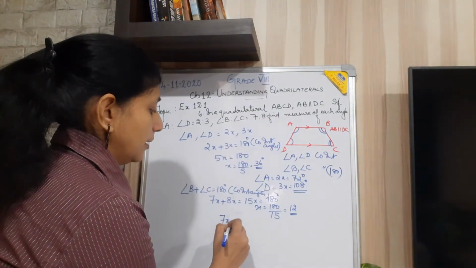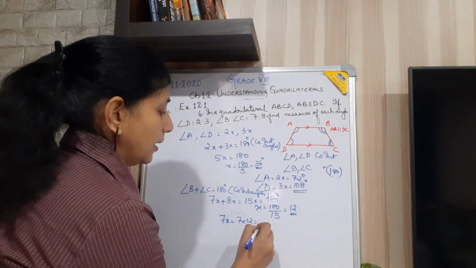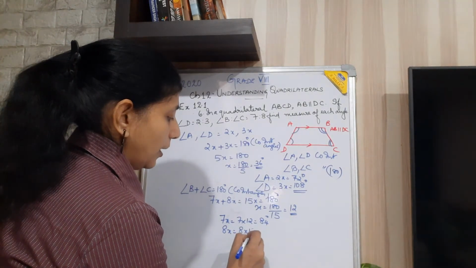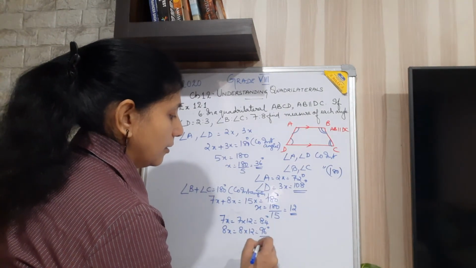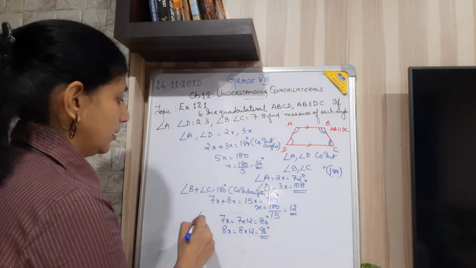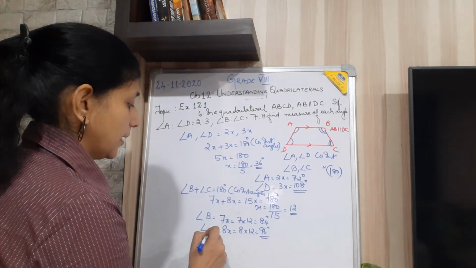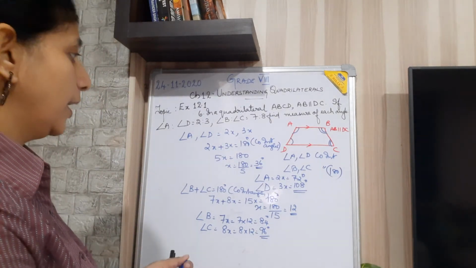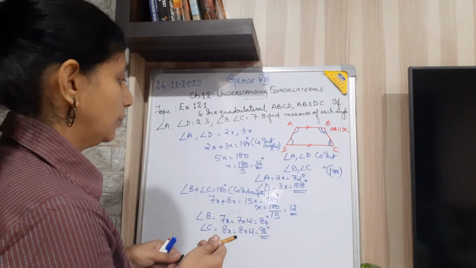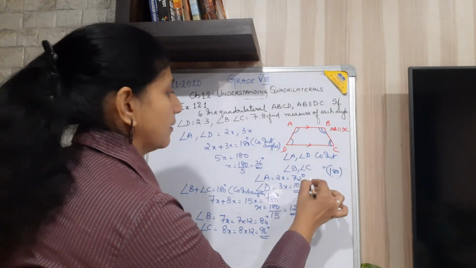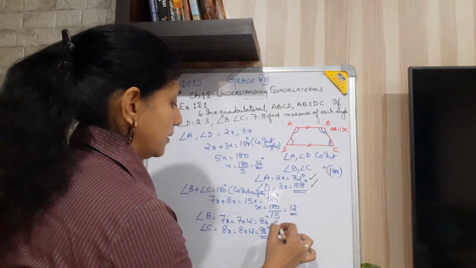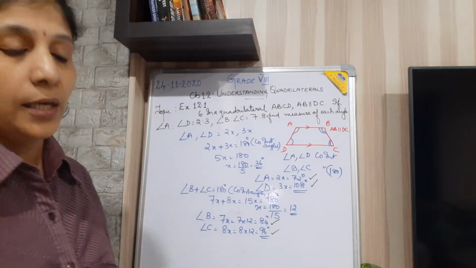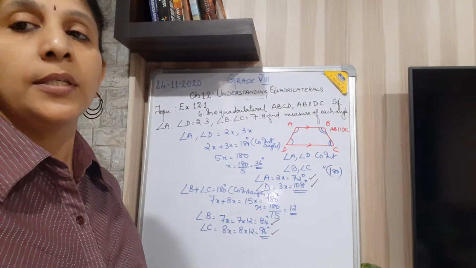So 7x is 7 into 12, that is 84 degrees, and 8x is 8 into 12, that is 96 degrees. So angle B is 84 and angle C is 96. So all the angles: angle A is 72, angle B 84, angle C 96, and angle D 108. So you have found each angle.